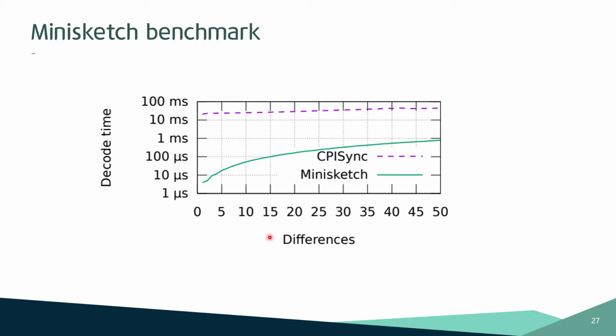The more differences exist, the longer it takes to decode the mini sketch. Therefore, it is important to set this difference number, but we will not know the difference number until we know the other set. So before we get the other set, we need to estimate this difference number.